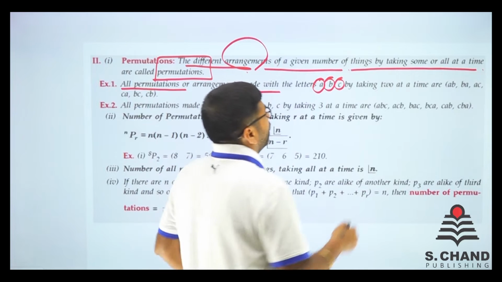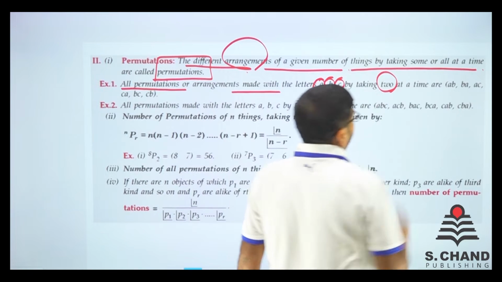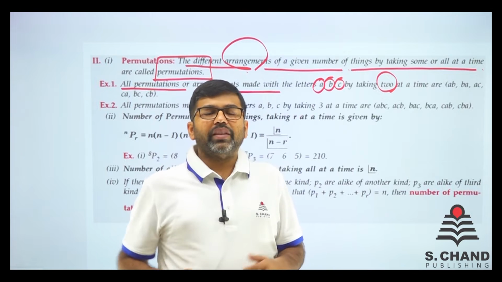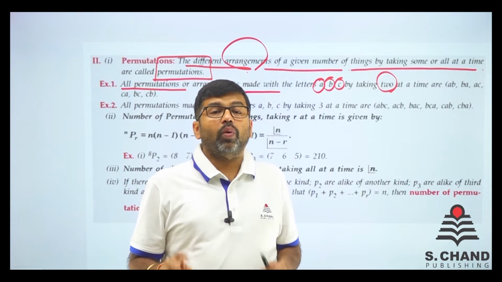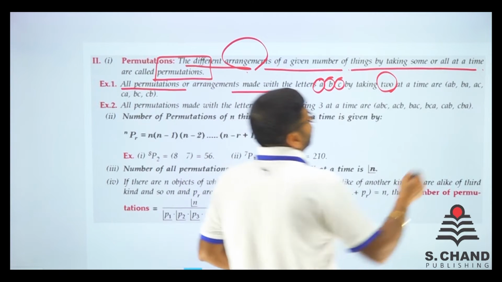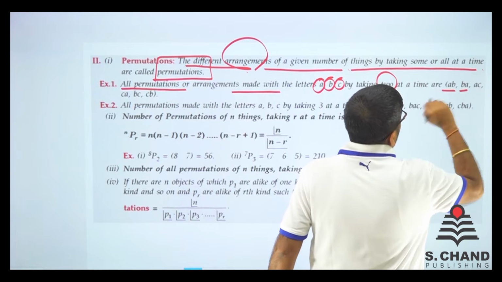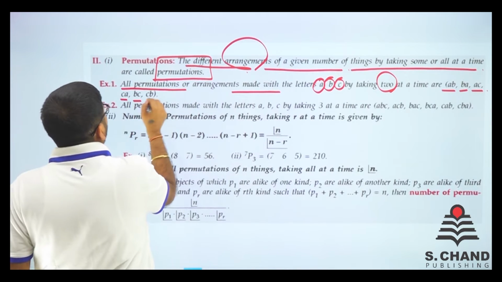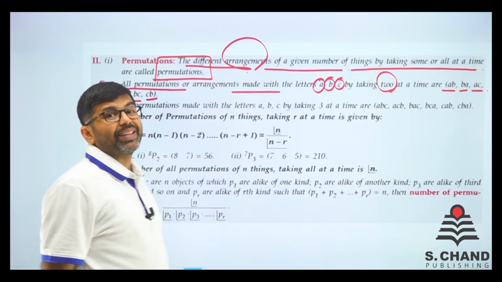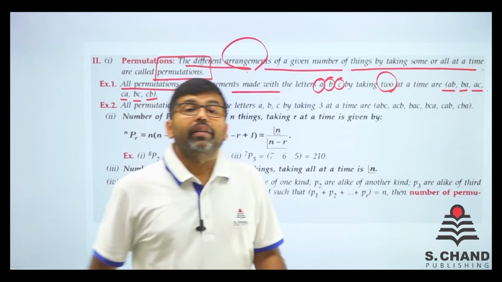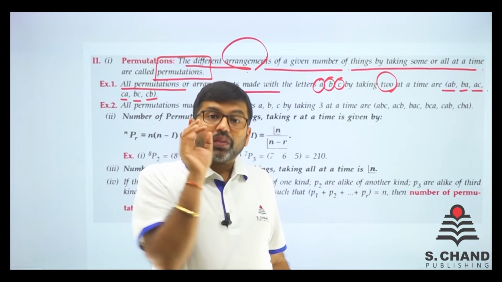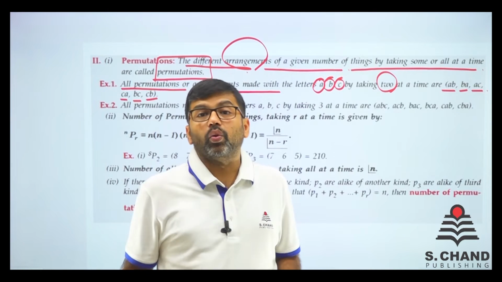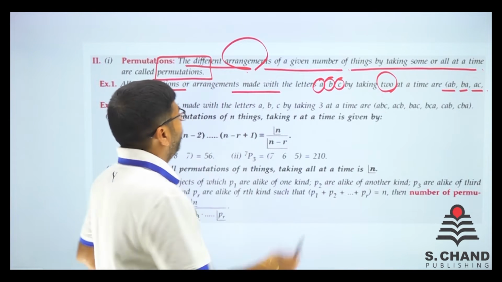So what we'll do is, we'll take 2 at a time. They don't have to take all at a time. They just want to take 2 at a time. So what will you do? You will arrange them like AB, then BA, reverse of that, AC, then CA, then BC or CB. So total 6 arrangements are there when you arrange the 3 letters 2 at a time. So 6 ways, right?